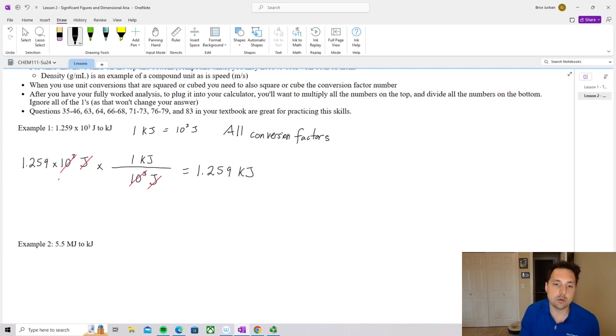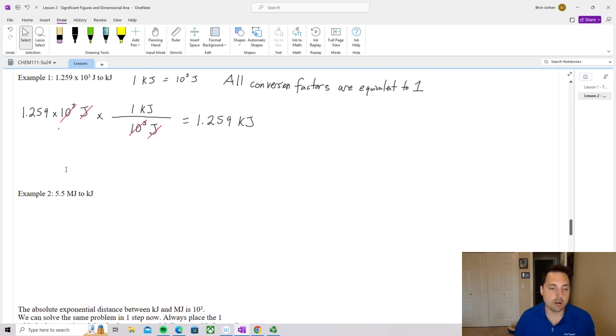Sometimes we are doing multiplications in there as well, but usually what we're just doing is we're converting. That's why we're able to write this as a fraction. So 1 kilojoule equals 10 to the third joules. 1 kilojoule over 10 to the third joules equals 1, because everything is equal to 1.